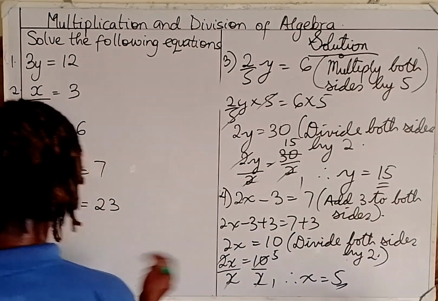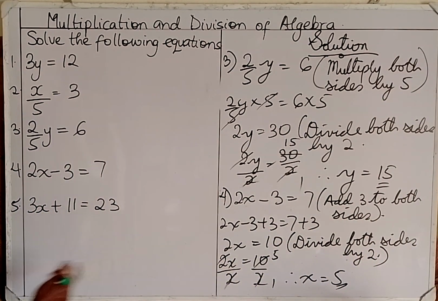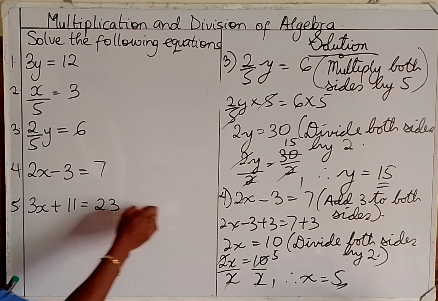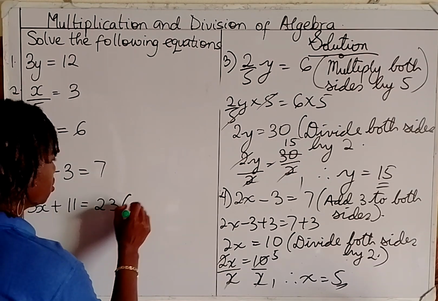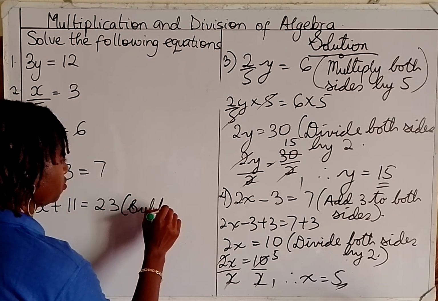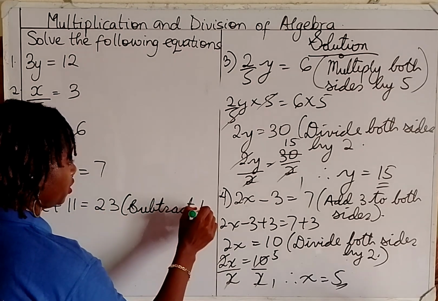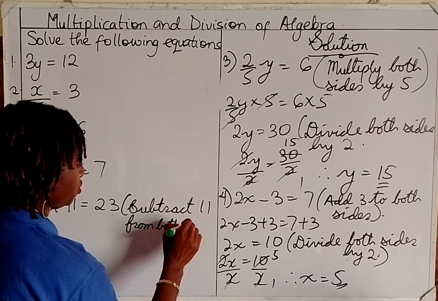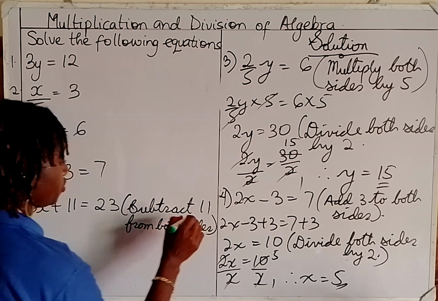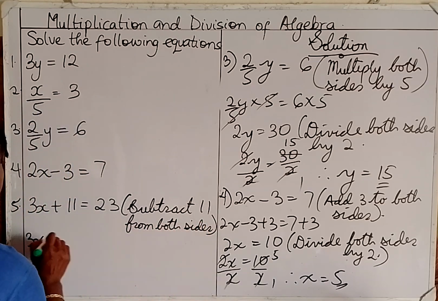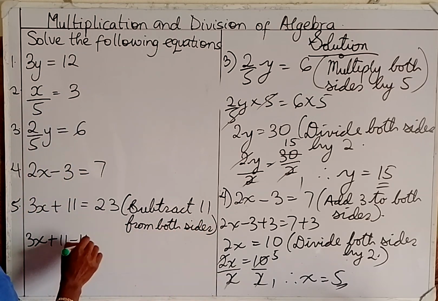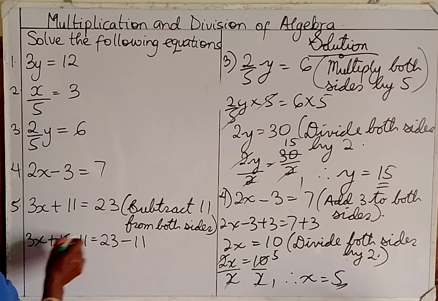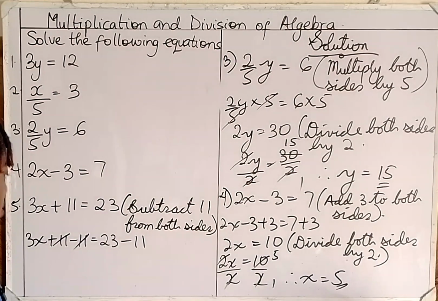Now, question 5 says 3x plus 11 equals 23. Now, we're going to subtract 11 from both sides. So we have 3x plus 11 minus 11 equals 23 minus 11. Plus 11 minus 11 equals 0.